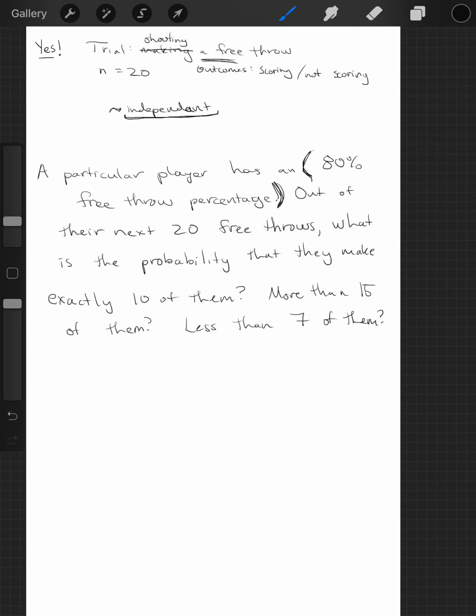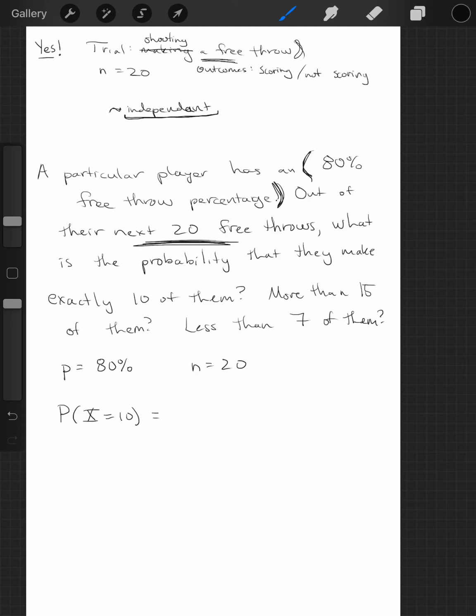Given my understanding of this stat is correct, whenever this player shoots a free throw, they score 80% of the time, then our probability of success is going to be 80%. N is going to be 20, because remember, a trial is shooting a free throw, and we're talking about their next 20 free throws.